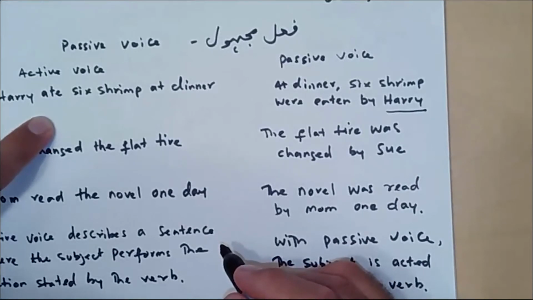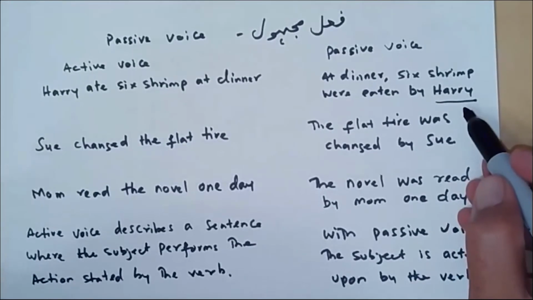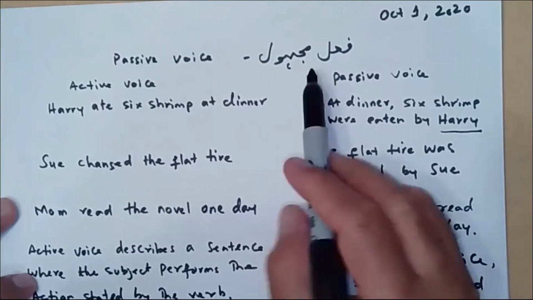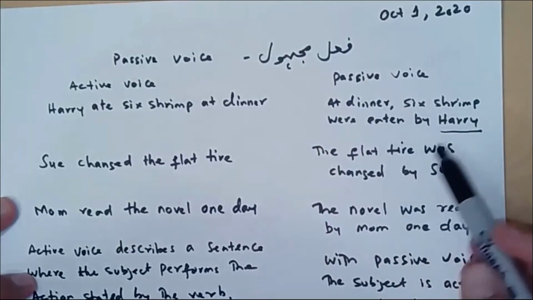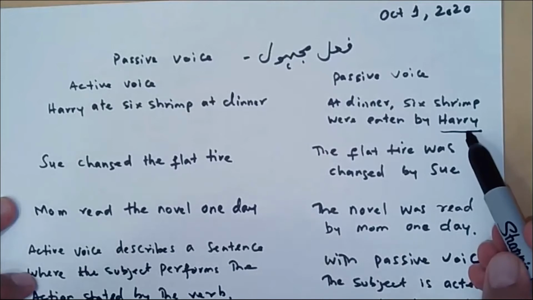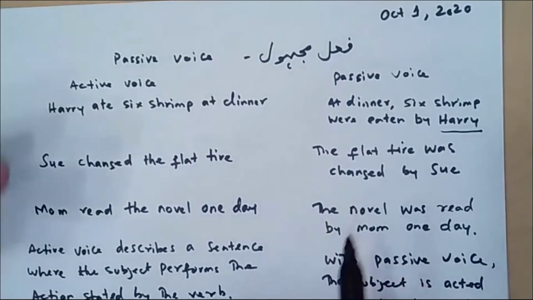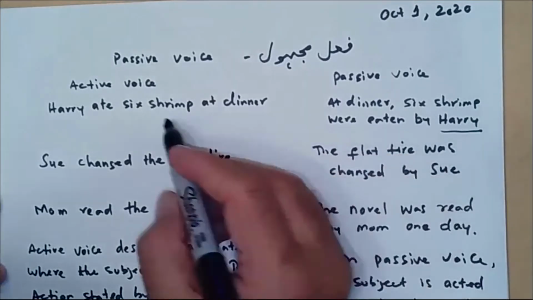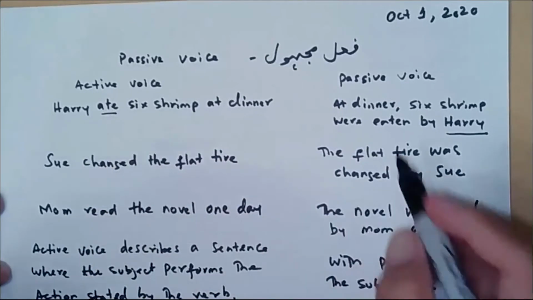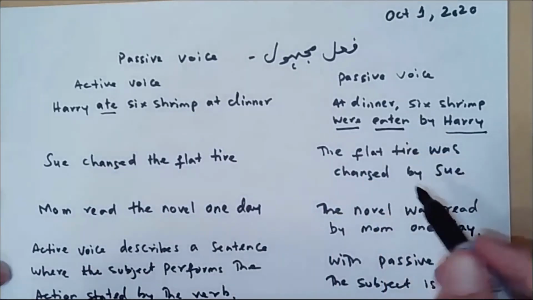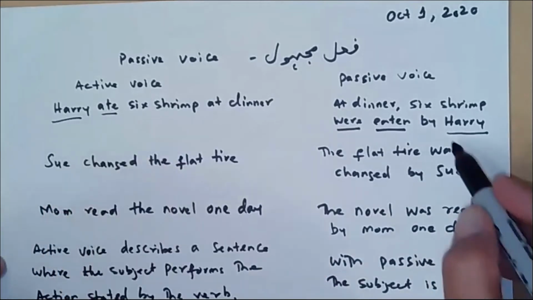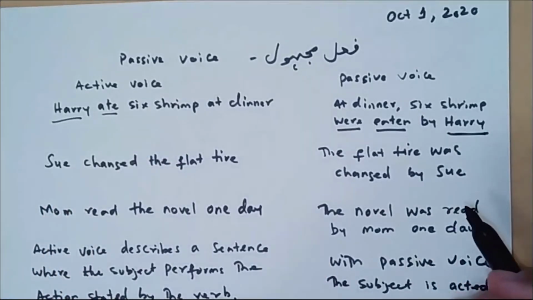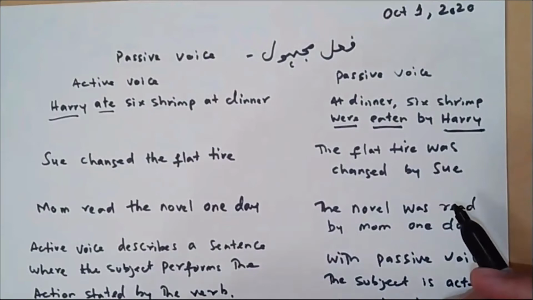Yes, the fa'il is still mentioned here. In English, when we are making a fi'l majhool, the fa'il is still mentioned, but the order has changed. It used to be ate, and it becomes were eaten. And Harry was in the beginning, and now Harry is at the end. The action is done on Harry.